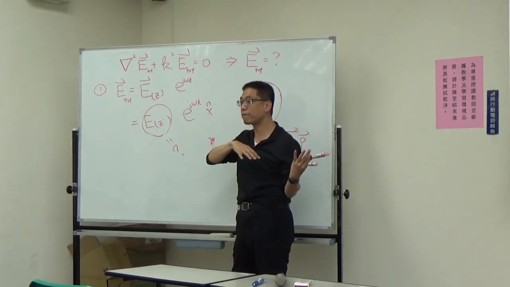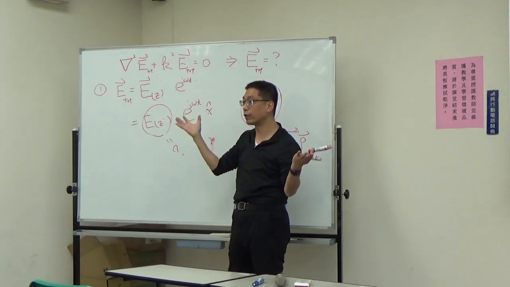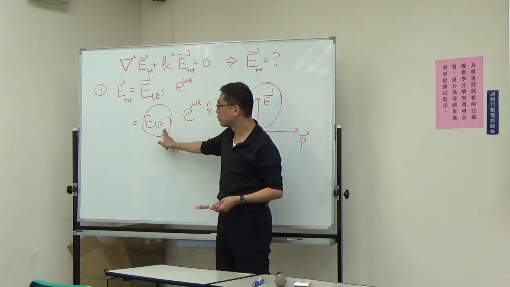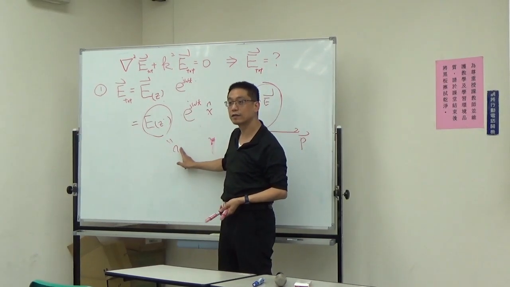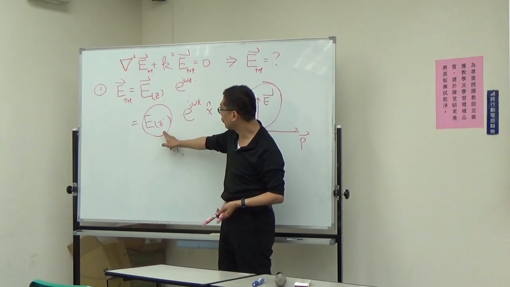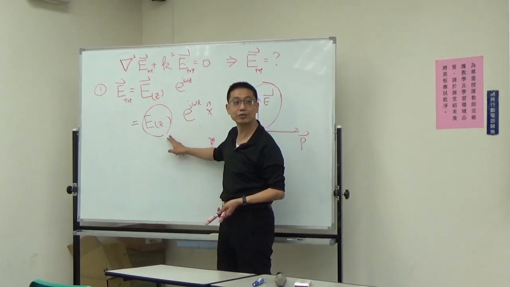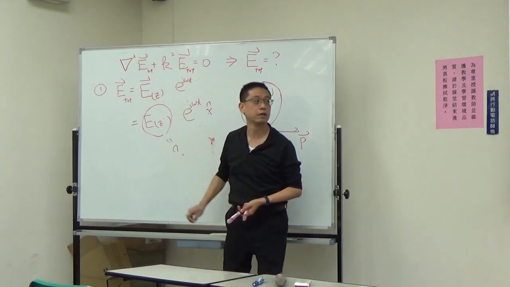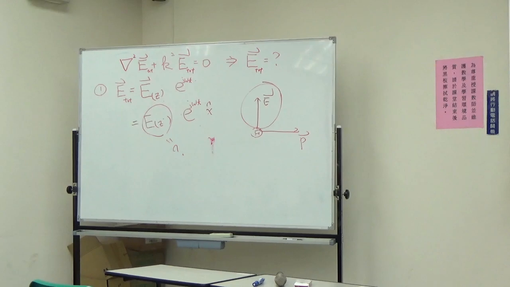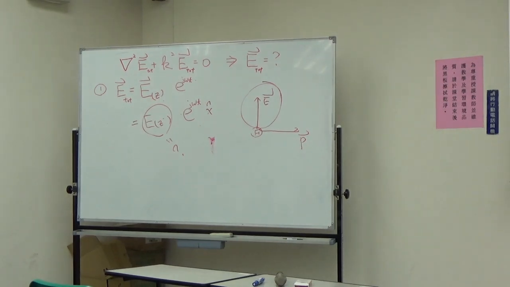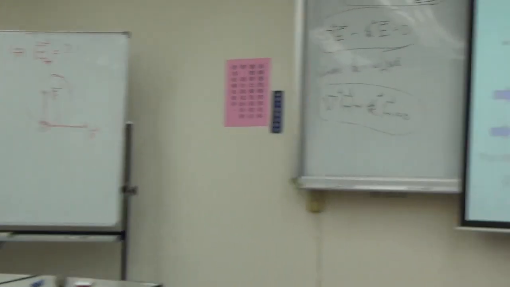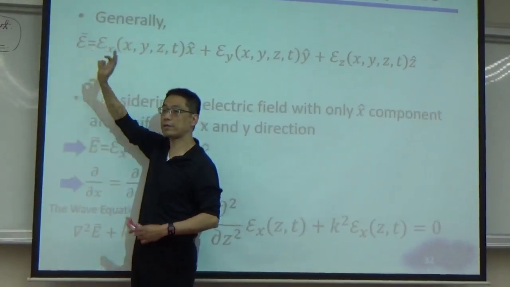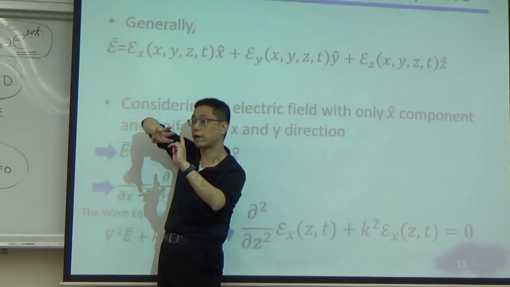Now we simplify the equation from something we don't know to only this part. And see, it looks easier to understand. It is only a component of Z. Generally, our E field has three directions of the component.